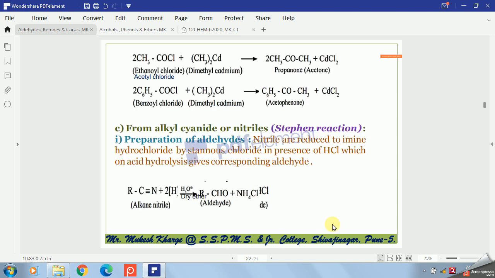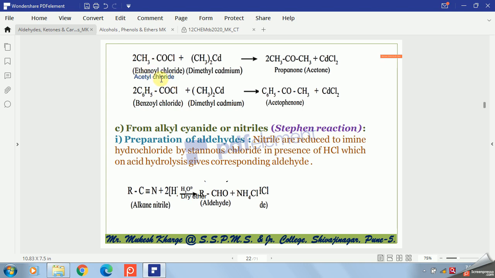So for example, to prepare acetone, acetone contains two alkyl methyl groups attached to the carbonyl carbon. So your reagent is dimethyl cadmium, which reacts with acetyl chloride. If R is CH3, COCl, then the compound is called acetyl chloride, the common name.